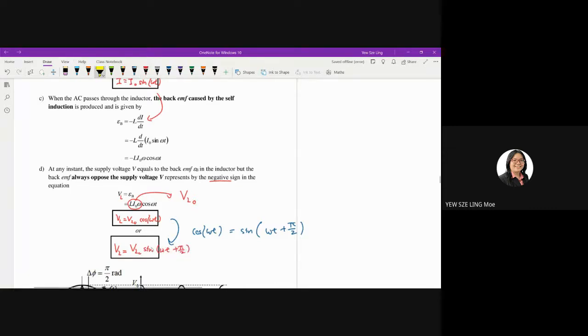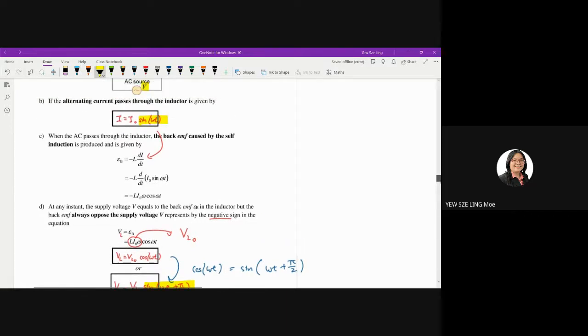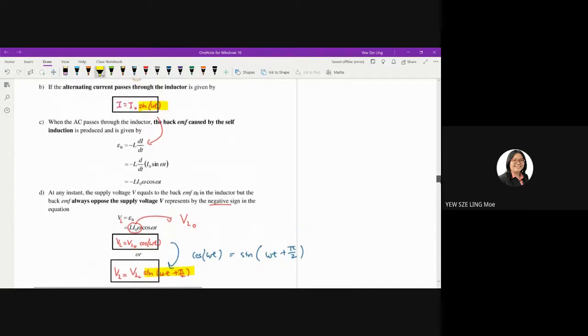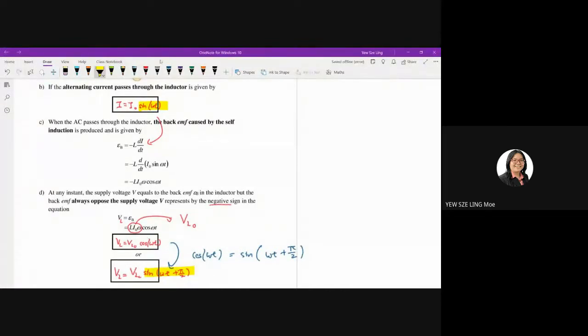Once again, the reason why we want it in terms of sine is that our current is in terms of sine. So both of them should be in a sine function in order to calculate the phase difference between them. If you have one cos and one sine, then you cannot calculate the phase difference.